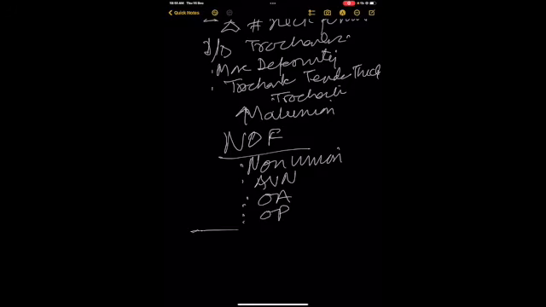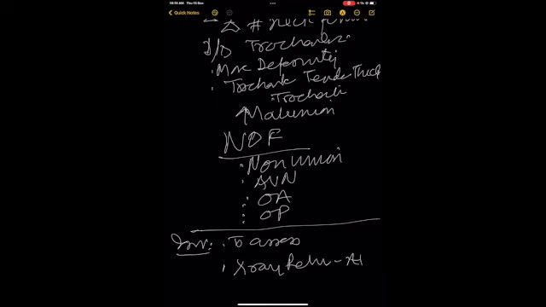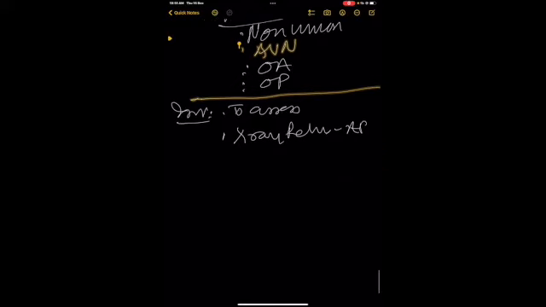Now comes the question of how would you investigate. To assess the general condition of the patient: hemoglobin, TLC, DLC, ESR, GBP, BT, CT, blood urea, blood sugar, urine and stool. Then you will take an X-ray of the pelvis, AP view, and lateral view. In the AP view, you have to answer 4 questions.